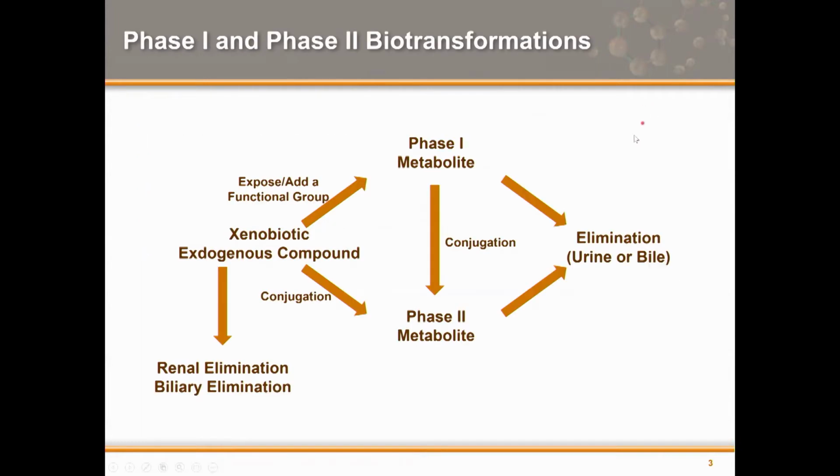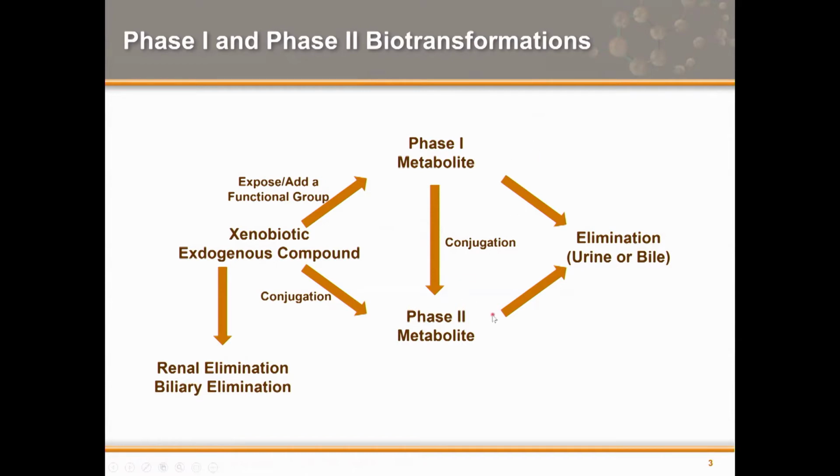So just to orient everyone to what we're going to be talking about today, drugs and other xenobiotics can be metabolized to phase 1 metabolites, largely by the cytochrome P450 enzymes, and this will be covered in a separate lecture.